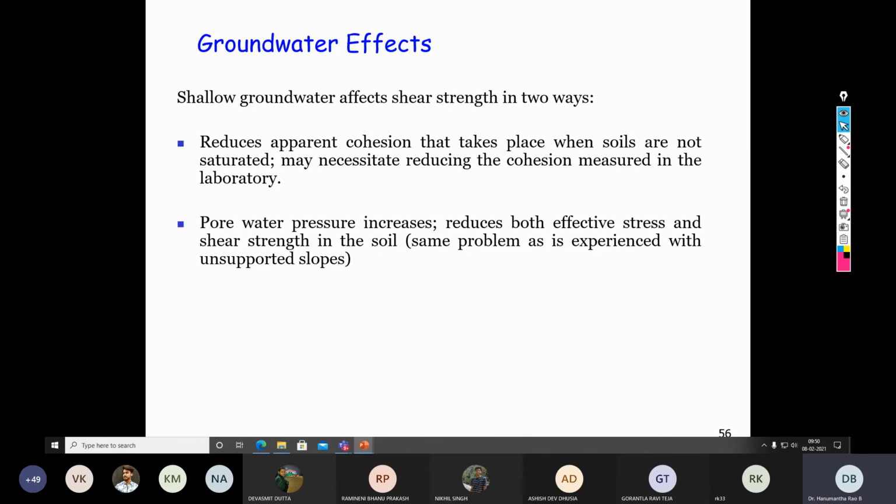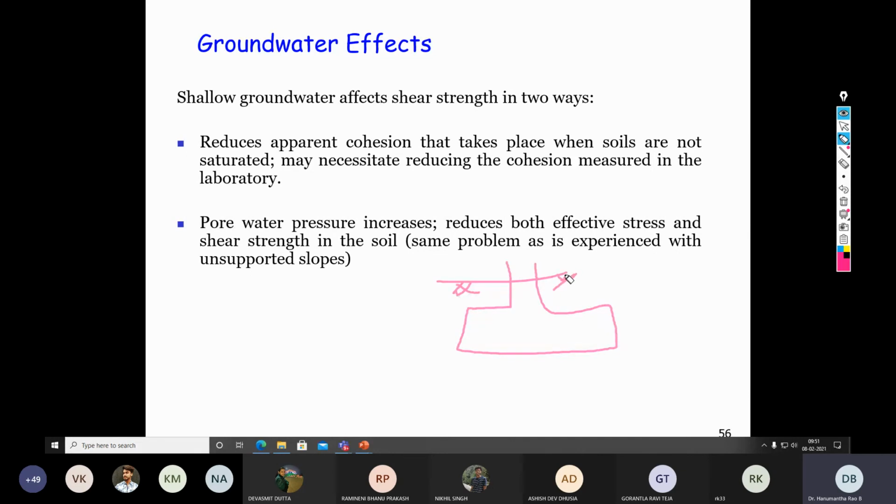First of all, in your consolidation theory, you understood that if any amount of load is applied, there is something called the consolidation phenomenon taking place. That means change in the volume of the soil. But here also the same thing is happening. So here this is the footing and this is the ground surface.